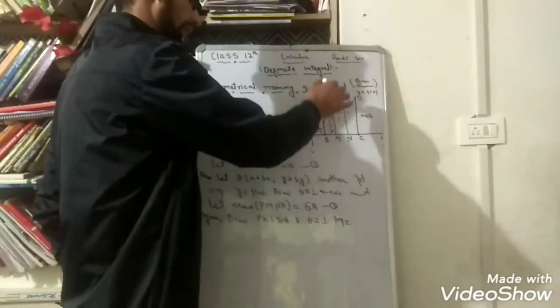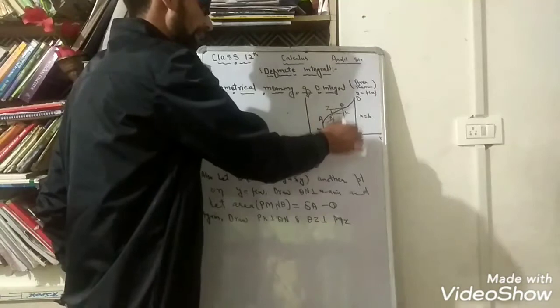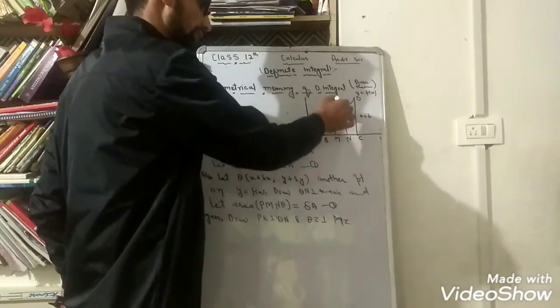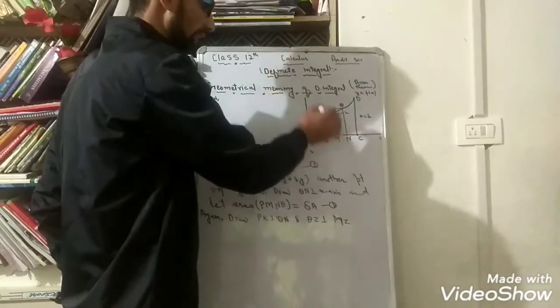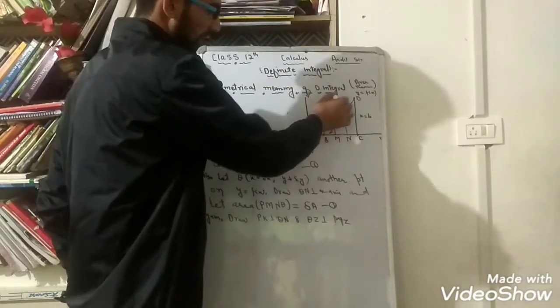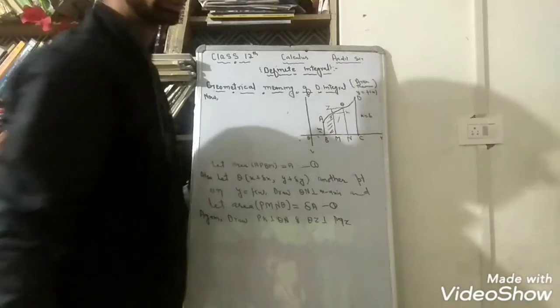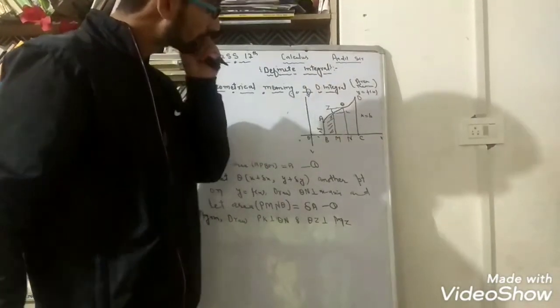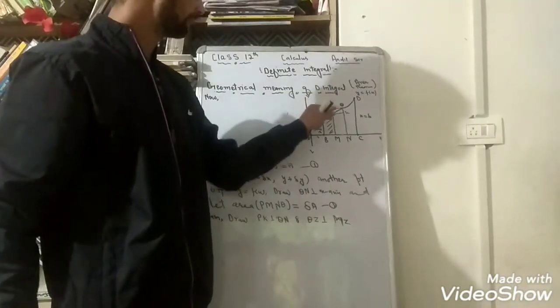And the area PMNQ, the area bounded by this region, is less than the area MZQN. Yes, it is clearly answered by this graph.